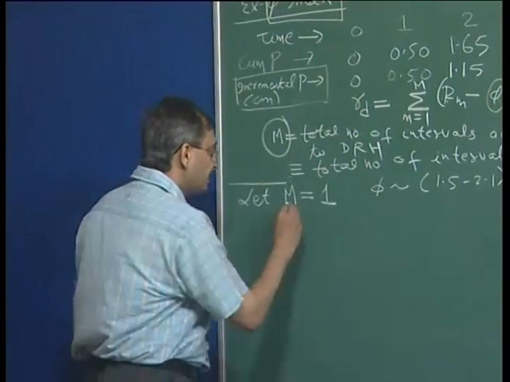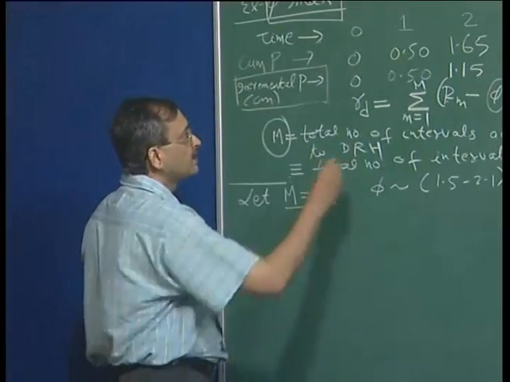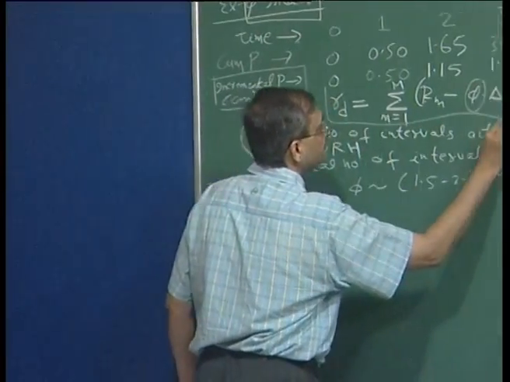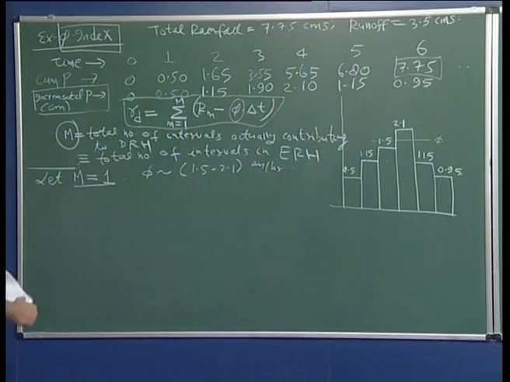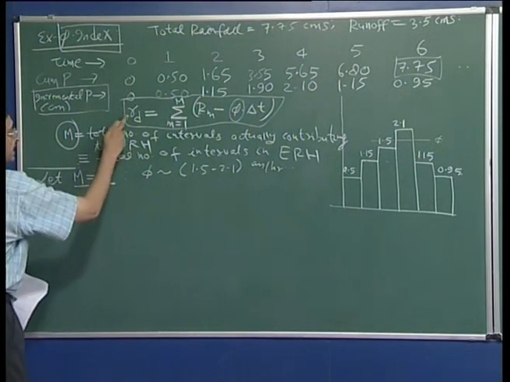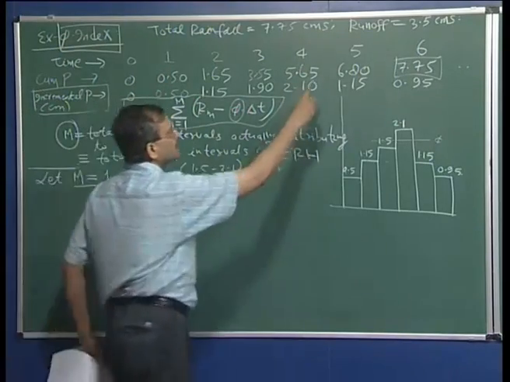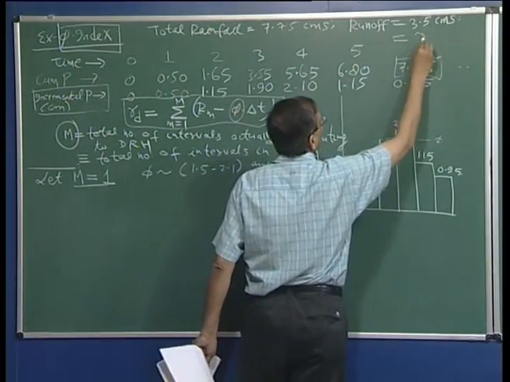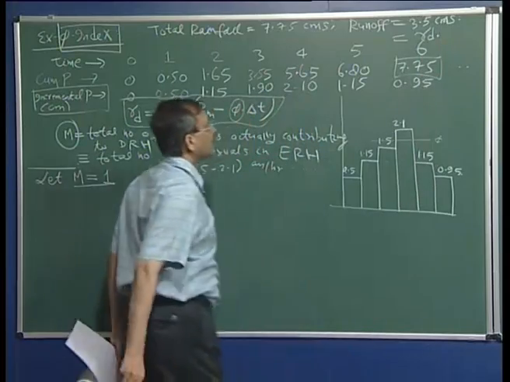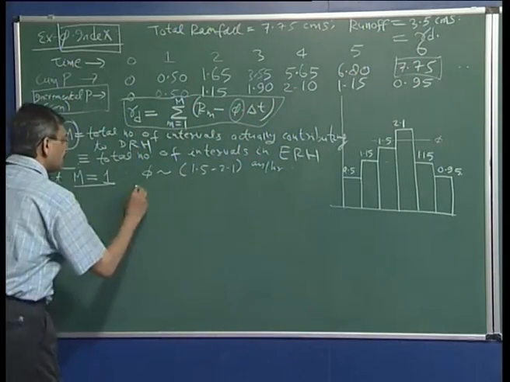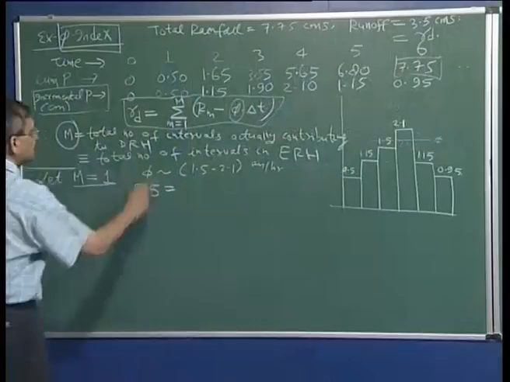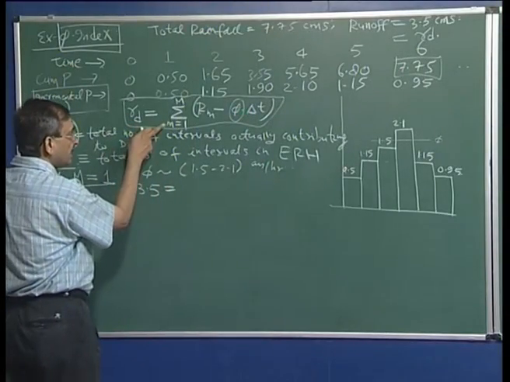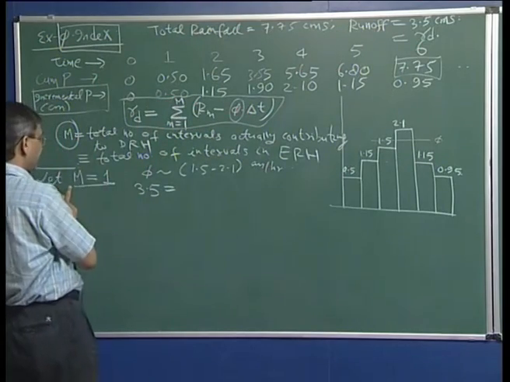With M equal to 1, I apply this equation. R d is given to me, this runoff is nothing but R d, which is 3.5 centimeters. So, R d equal to 3.5 centimeters is equal to the summation running from 1 to capital M equal to 1.